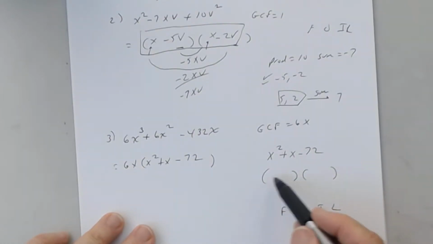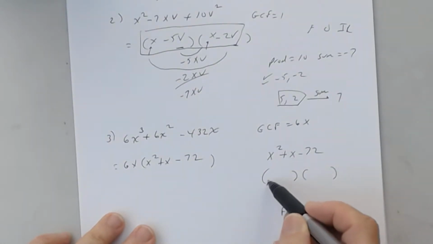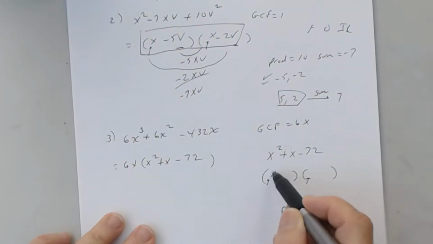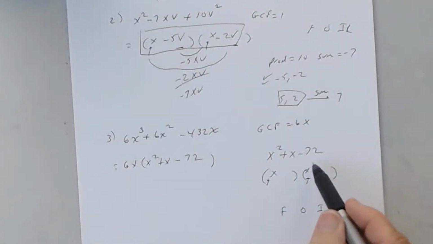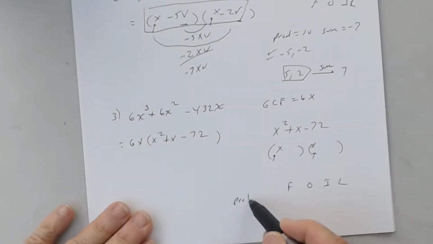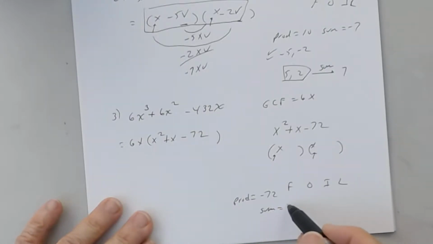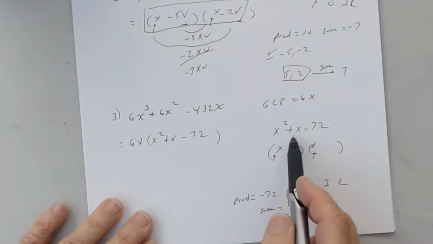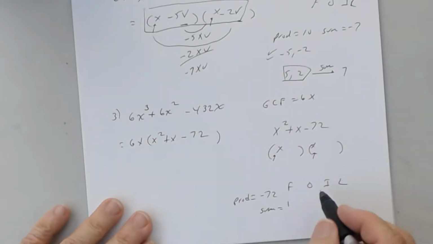So what are the only possibilities that are going to go into that first term? X and x. All right, now the last. So I need two terms whose product is a negative 72 and whose sum is what? 1. That's a positive 1x, right? What would work?